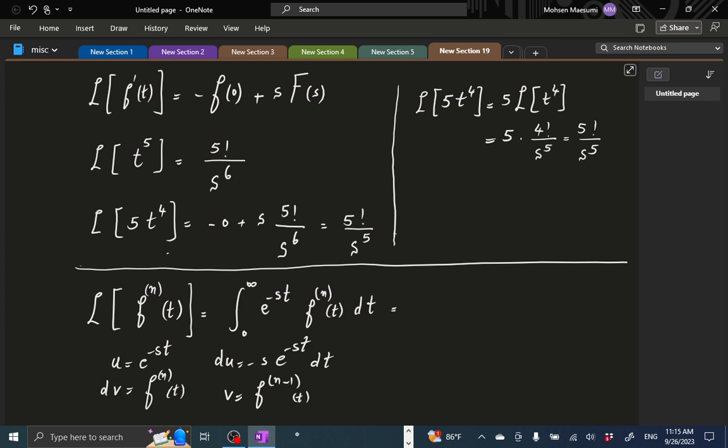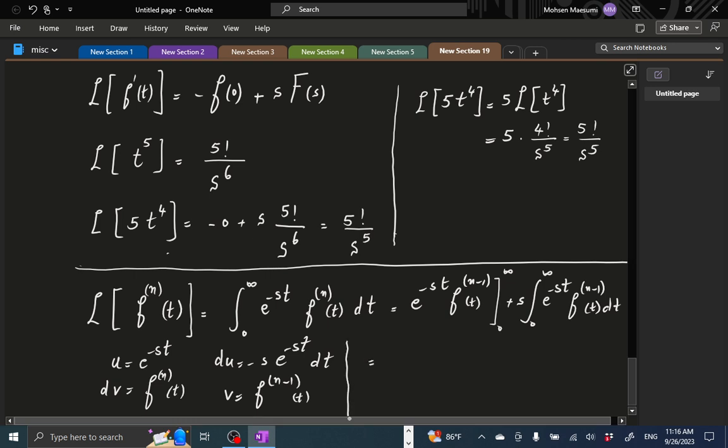So my integral then is going to be u times v, so that's exponential of minus st times f^(n-1), evaluated between 0 and infinity, and then minus v du, minus times minus s becomes plus s, integral from 0 to infinity of exponential of minus st times this one, f^(n-1) of t dt.